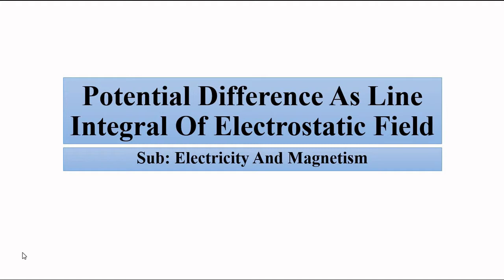So in this video we are again going to take our discussion forward related to electricity and magnetism, and so far we have discussed the basic concepts related to electric potential and potential difference between 2 points.